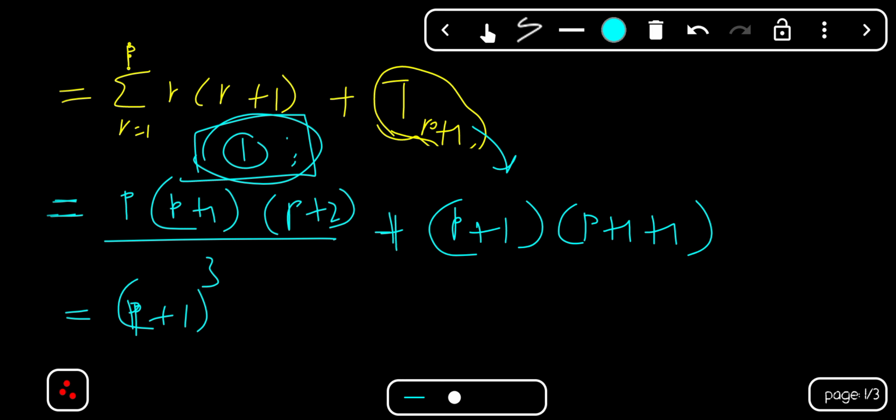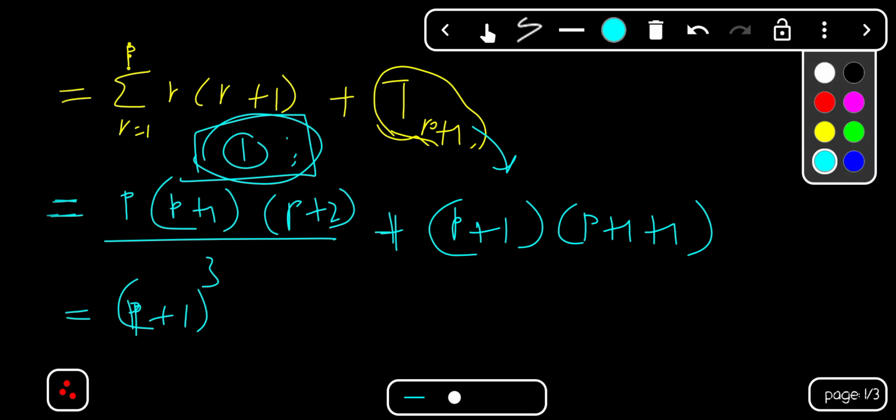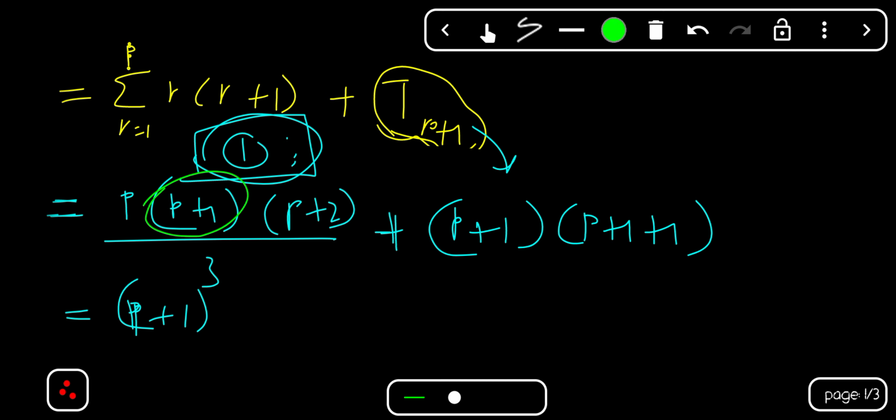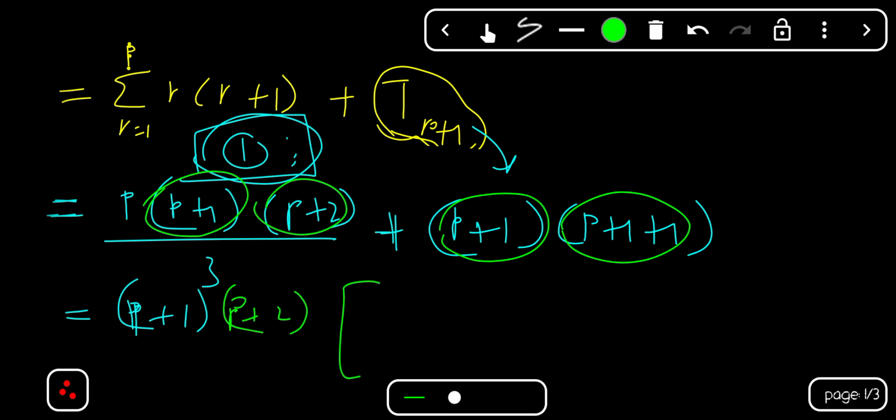In this case, you can identify these factors. p plus 1 is a factor, and again p plus 2. So what is the remaining factor here? p over 3, then plus 1. I used to get the common denominator at once. I do not have enough space to write this down here, so it must be written after this, right?